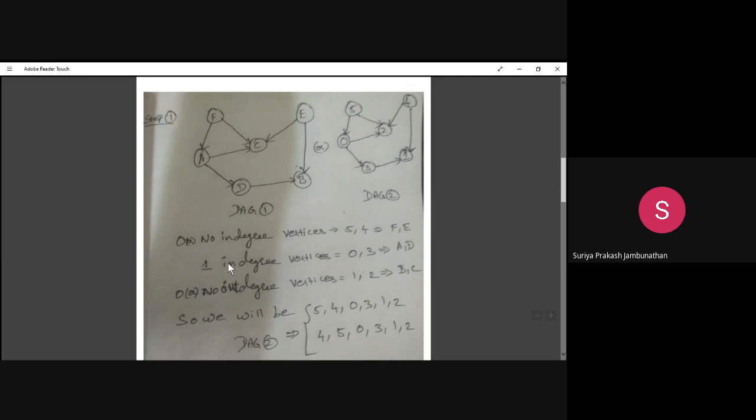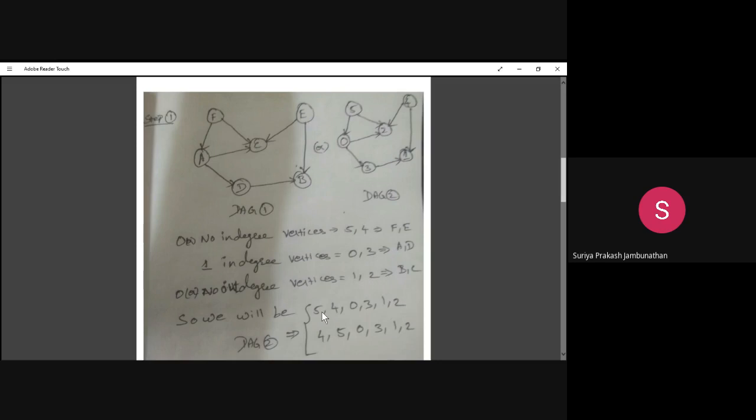Next, 1 in degree vertices we are having, that is 0 comma 3. That will come next. That is 1 degree vertices. Then the third one, what we have is no out degree. That is 1 comma 2 we are having, that will come last. So 1 comma 2 we are making.